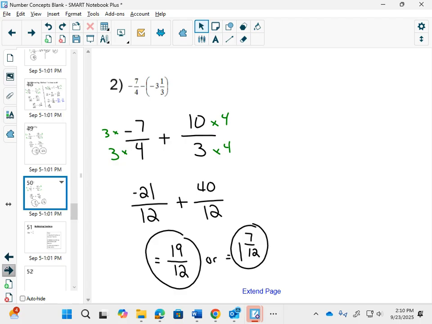That's a great question. So yeah, that's why I'm like, oh, I'm taking away a negative. Remember that negative 3 1/3 is just a negative fraction. 6 times, how many numbers? 7. 6 times 7 is 42.